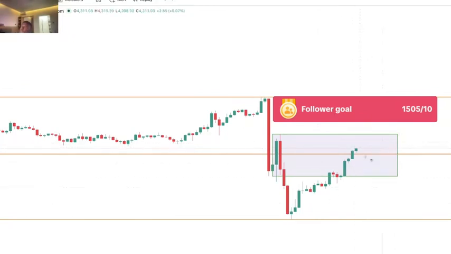And it's already at my point of interest on 1 day, on my 1 day point of interest at this zone. So I have a valid order block at this area. So right now I need to patiently wait for my lower time frame to determine when I'm going to take this particular trade.